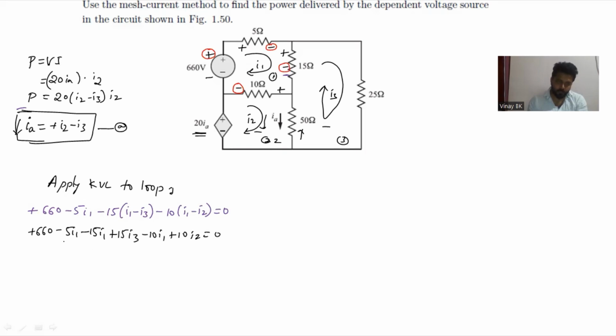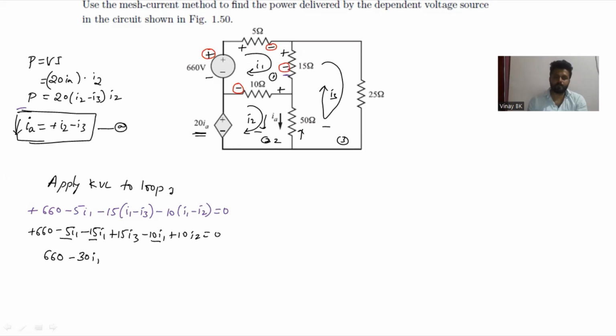So for I1 you can observe minus 5 minus 15 minus 10, that is minus 30 I1.